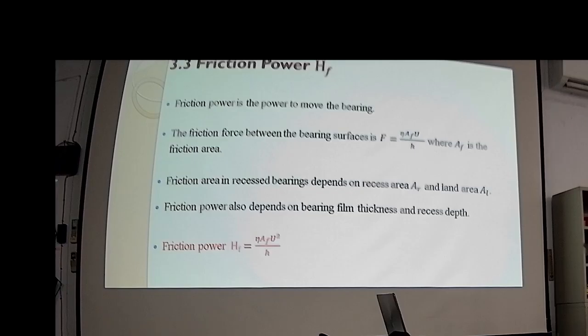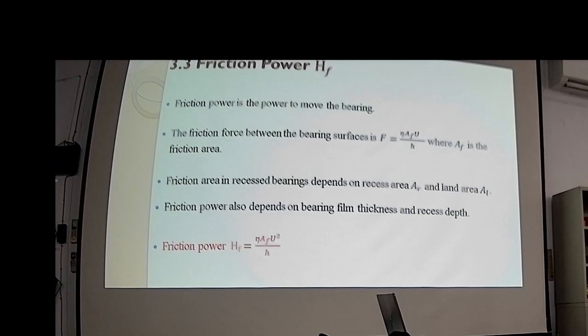The second formula to introduce is the friction power. The friction power is the power to move the bearing. When the bearing is running in motion, you will have a friction power. It's a viscous friction between the oil lubricant and the bearing surface.